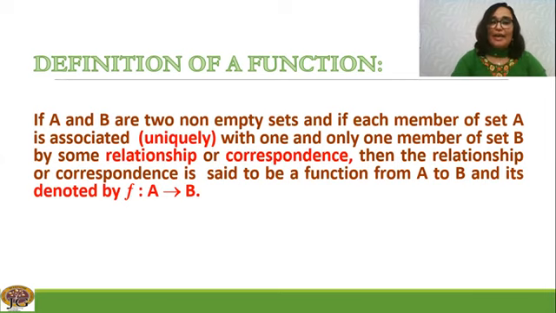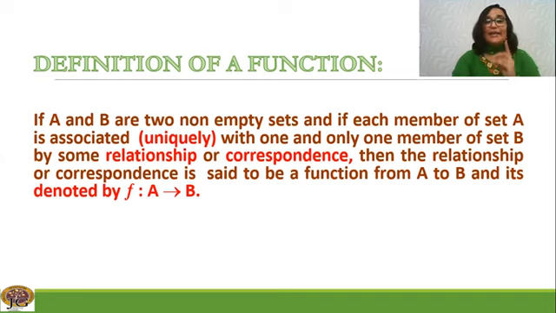So if A and B are two non-empty sets, and if every member of set A is associated with one and only one member of set B. This is very important, okay?